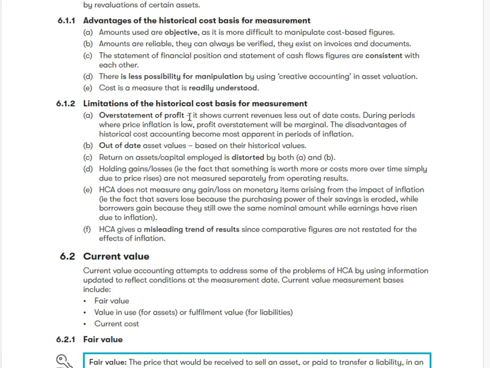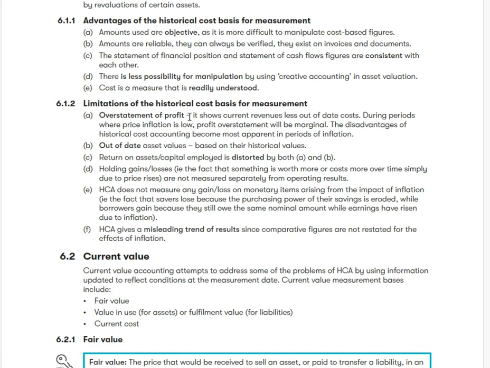Historical cost accounting, that is the HCA, does not measure any gain or loss on monetary items arising from the impact of inflation. That is the fact that savers lose because the purchasing power of their savings is eroded, while borrowers gain because they still owe the same nominal amount while earnings have risen due to inflation.